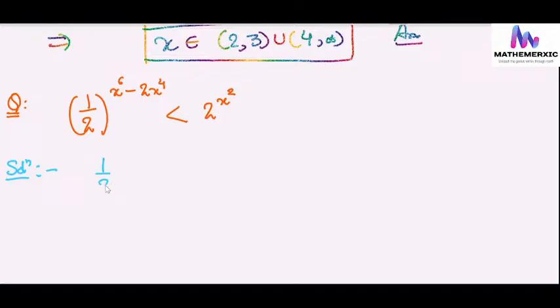What next I can do is I can write maximum like this, that is x to the power 4 x square minus 2 I can write, and 2 to the power x square.